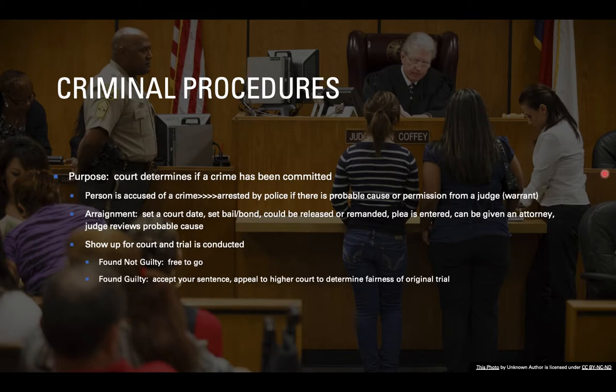To get going today, let's start with the different types of courts. The first one we're going to do is criminal. These are the procedures that, if you are arrested, you are going to want to be aware of. I'm pretty sure that none of you will probably ever have to worry about being arrested.